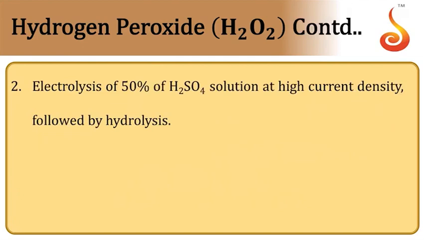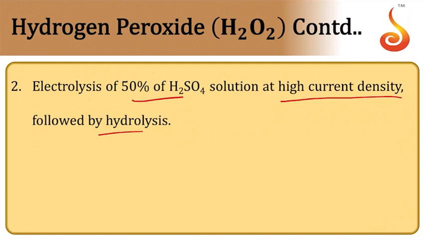The next one, electrolysis of 50% sulfuric acid with high current density followed by hydrolysis, also gives rise to H2O2. Let us see the reactions now. So the compound used is 50% sulfuric acid, and high current density is being used, followed by hydrolysis.